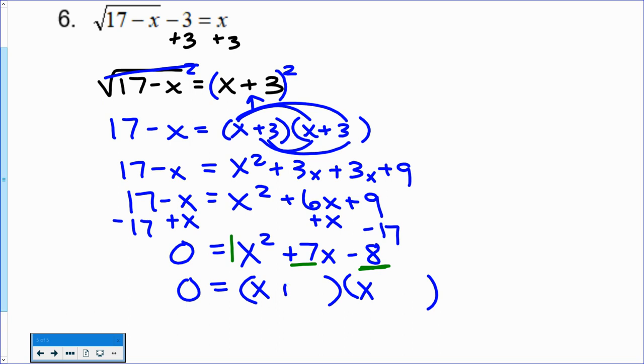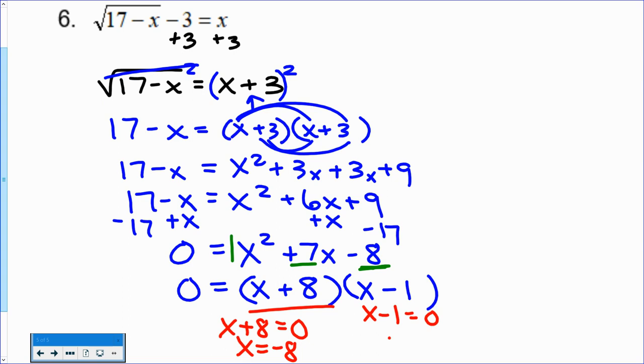It's for sure going to have a positive and a negative number to multiply to negative 8, and a positive 8 and a negative 1 would multiply to negative 8 but add to 7. And then you set each factor equal to 0 to find your solutions. So this would have to equal negative 8, and this would have to equal 1. So those are the two solutions that I get.